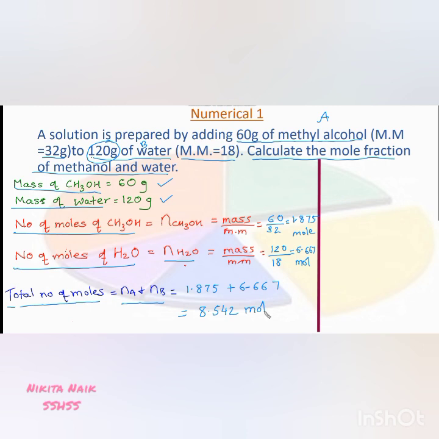Okay, so here we got the number of moles of A, number of moles of B, and total number of moles. So let us find out the mole fraction of first one, that is methanol. So it is X of CH3OH, which is equal to number of moles of CH3OH upon total number of moles, that is N of CH3OH plus N of H2O, which gives us 1.875 upon total number of moles, that is 8.542.